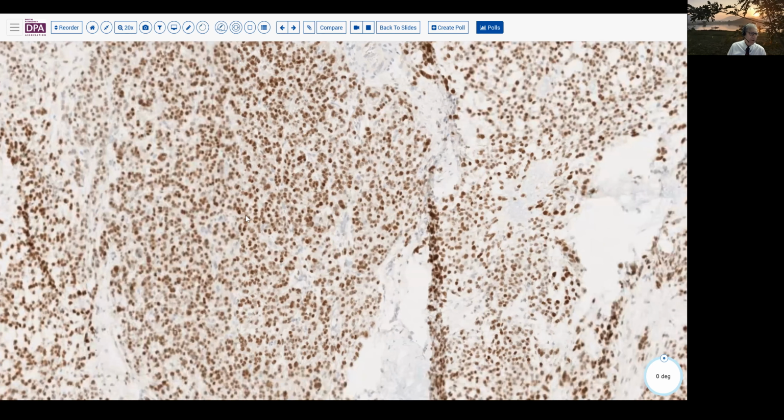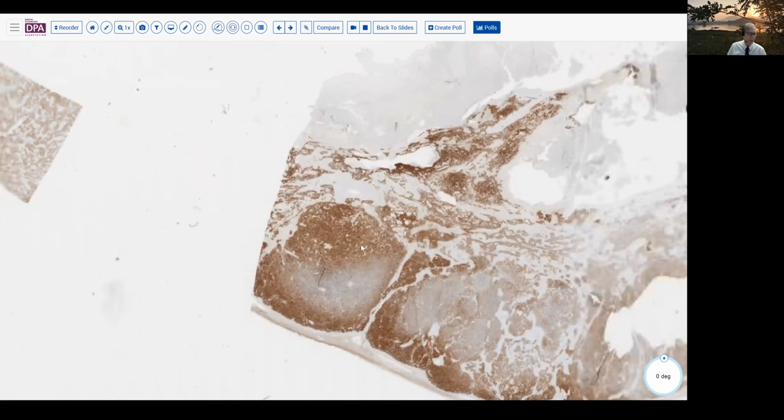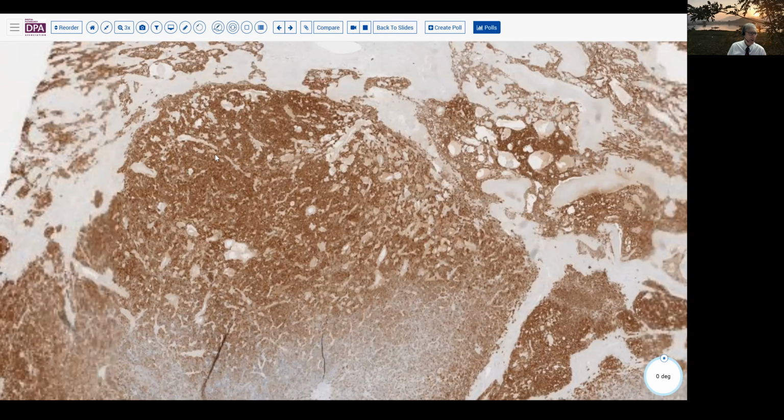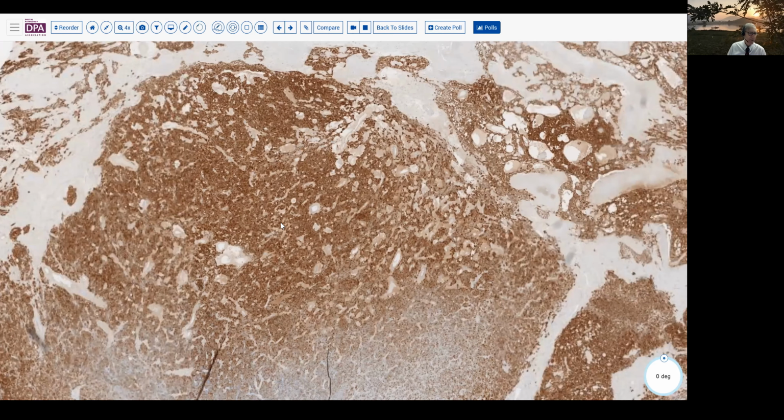Well, we don't think that this is a serous tumor, but there are a number of other things that, of course, can be WT1 positive in the ovary in an older adult. In addition, we did this marker, which is beta-catenin. And as you can see, it's quite strongly positive.